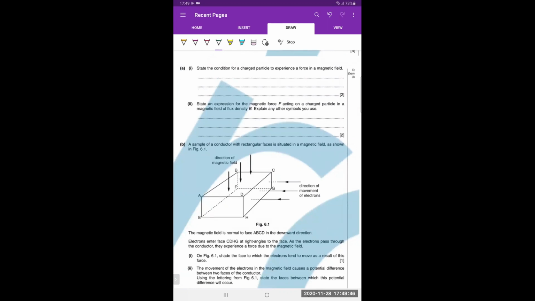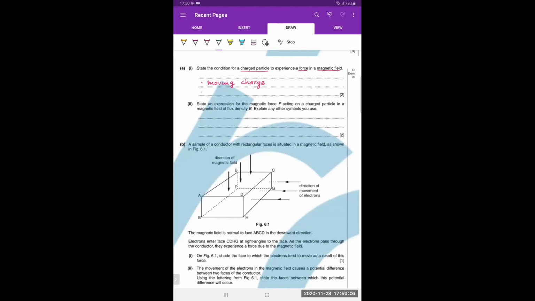State the condition for a charged particle to experience a force in a magnetic field. 2 points बताना. First point, it must be a moving charge. Stationary नहीं होना चाहिए, otherwise no force. It should be a moving charge.